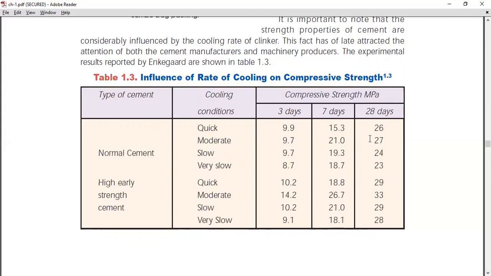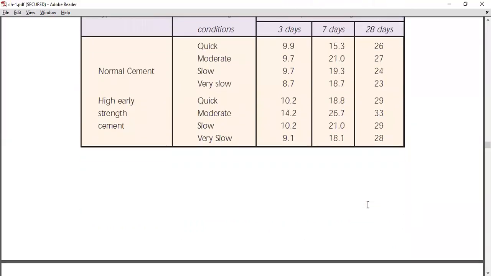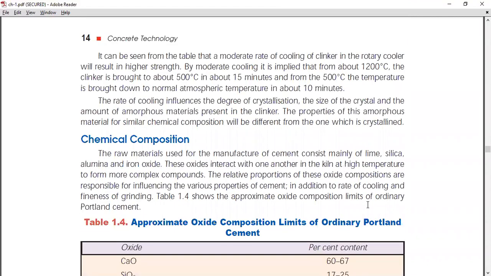Mostly we consider the 28-day compressive strength as final. The same applies to high early strength cement, with quick, moderate, slow and very slow conditions; there are differences between the three different day strengths.